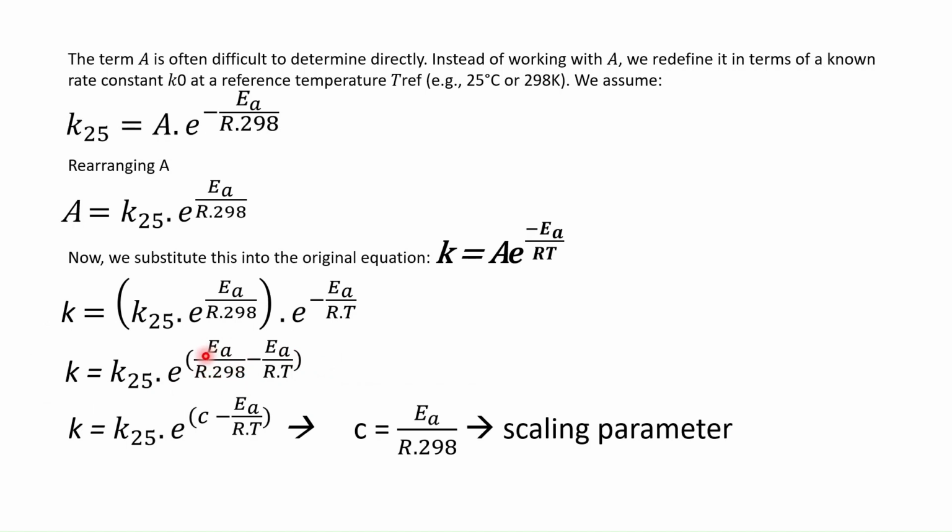This part of the equation, Ea by R into 298, is represented by a dimensionless scaling parameter, c. So the final equation is that the rate constant for an enzymatic reaction is the product of the rate constant at a reference temperature, which here is 25 degrees Celsius, k25, and the exponential of c minus Ea by RT, where c is equal to the activation energy divided by the ideal gas constant times the reference temperature in Kelvin, 298.